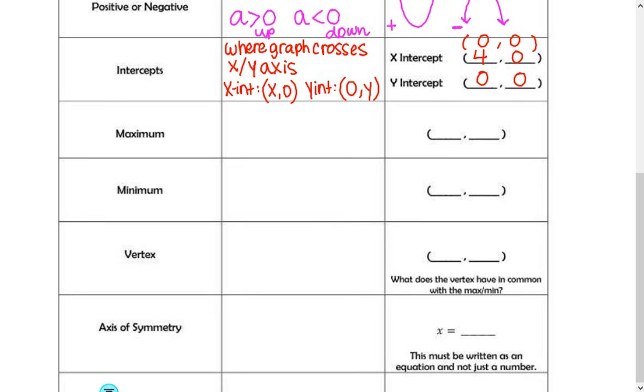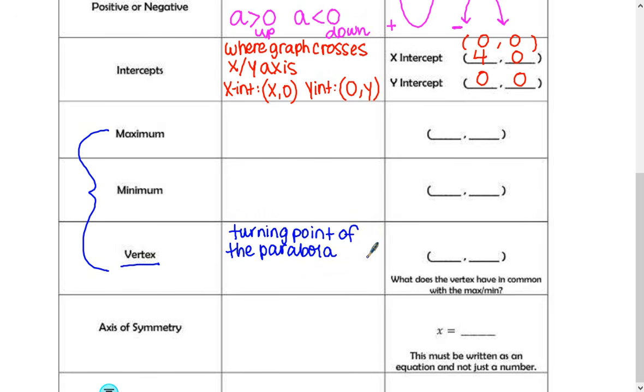All right, so next bit, these three parts are actually all related. So I'm actually going to start here with the vertex. All right, so the vertex is the turning point of the parabola. It's the highest or the lowest point.